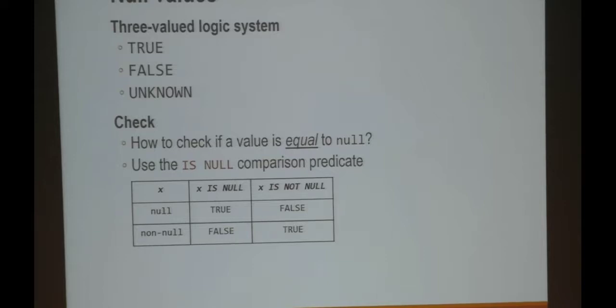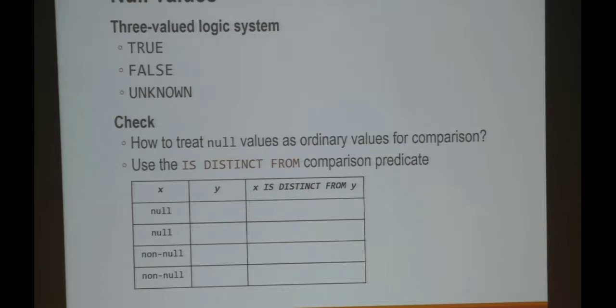Now this is the part where we can use another operation to compare null values as if they are values. The operation is DISTINCT FROM. Two null values are not equal, but they are not distinct.